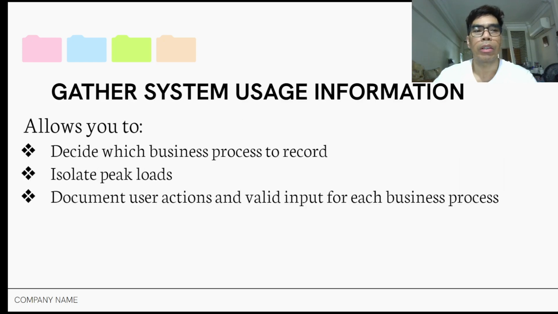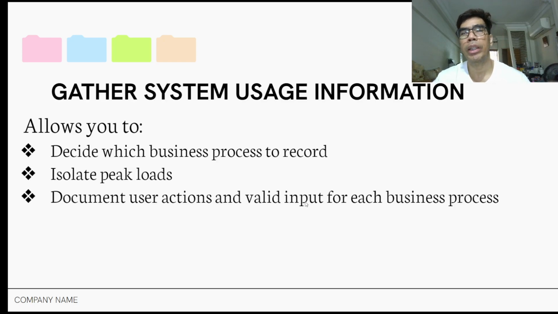In gathering user information, you need to decide which business process to record. In a system, there are different routes to a business process. One process is the submission, and the other one is booking only. So you need to decide which business process to record.